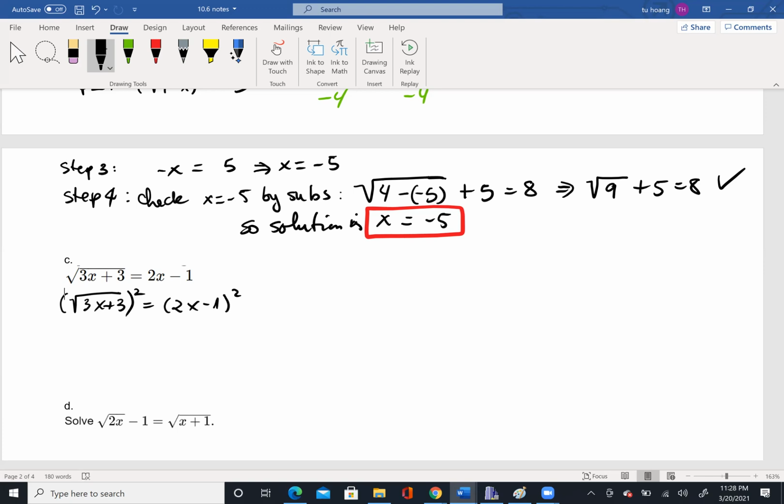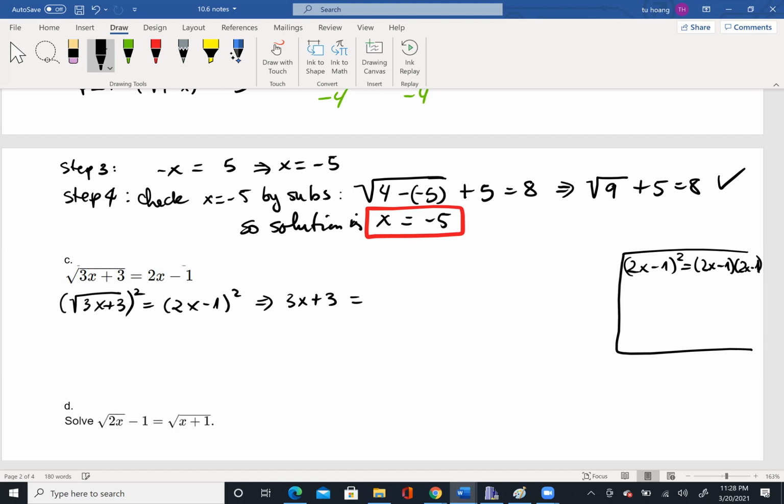So after squaring both sides, the left side becomes 3x plus 3. The right side will give me, let me have a side note here. You can consider it as 2x minus 1 squared equal to 2x minus 1 times 2x minus 1.